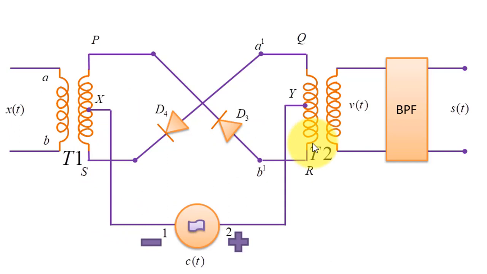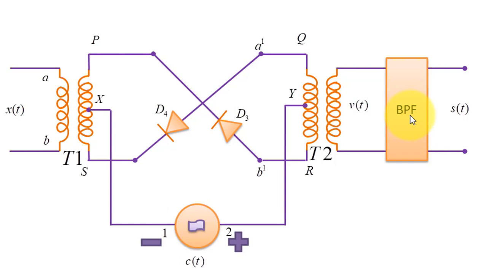So here one thing should be noted: in this scenario, your voltage at point A will be switched at point B1, and the voltage at point B will be switched at point A1. So here the polarity is reversed, or you could say we have switched minus times of xt at this moment. So here the Vt value will be equal to minus times of xt.